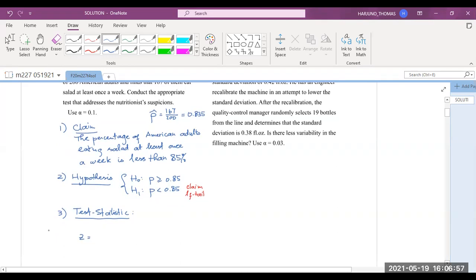Okay, so this will be 0.835 minus 0.85 over the square root of p q over n, which is 200. Now, because the p is 0.85, then the q will be 1 minus that.